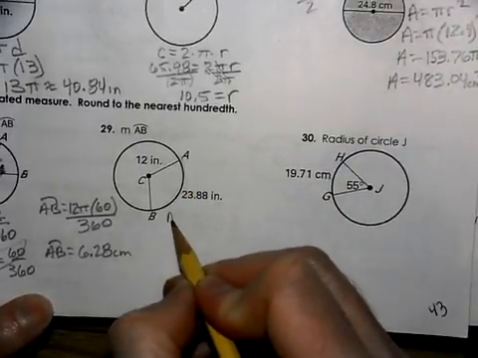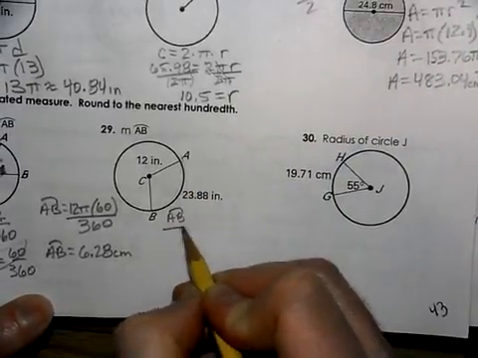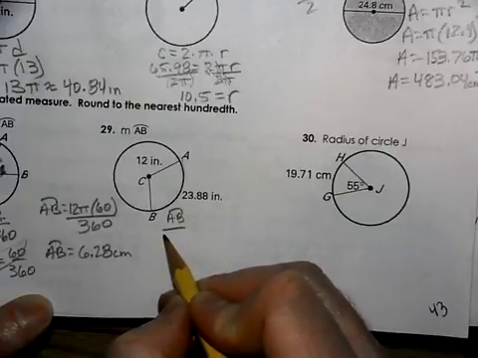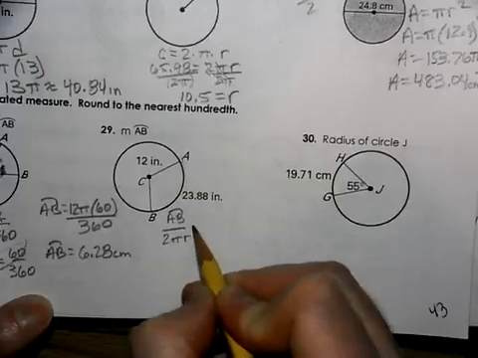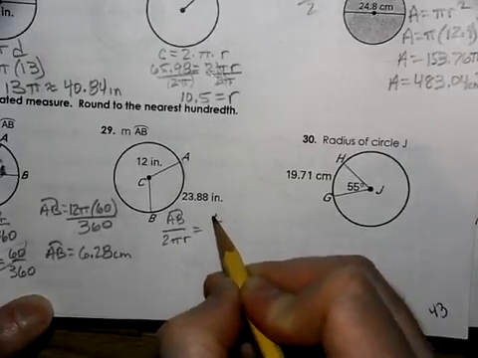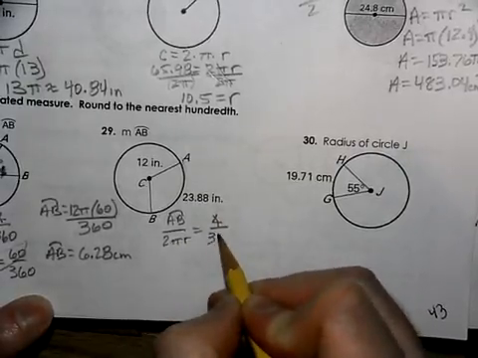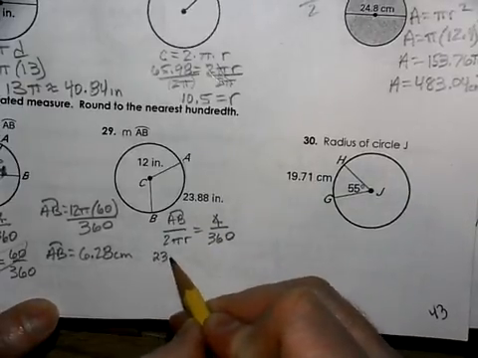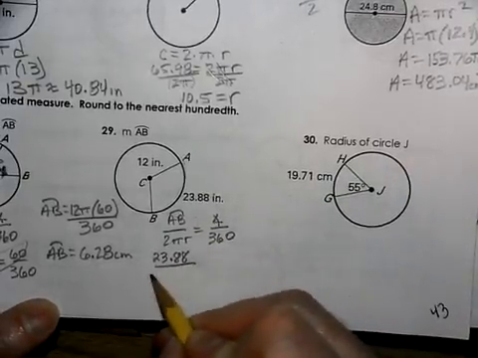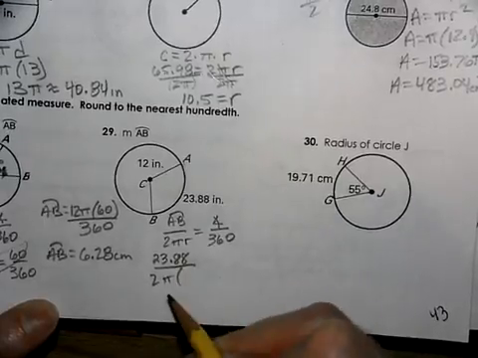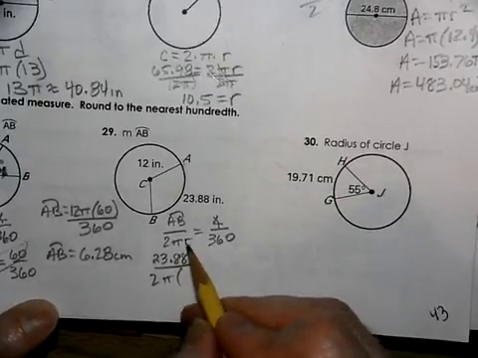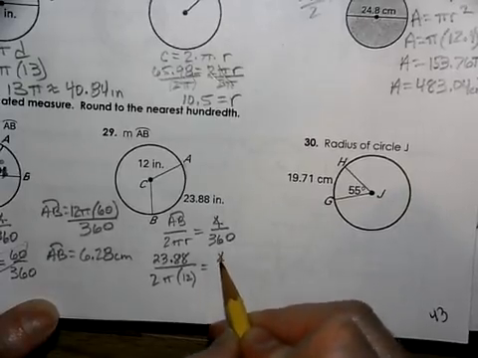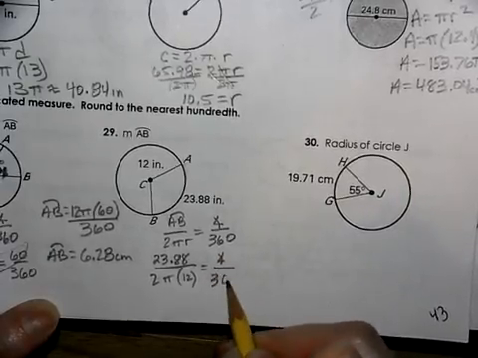We're still going to use this arc length formula, and we have our 2 pi r. We're looking for the angle over 360. Our arc length is 23.88. The radius is 12.